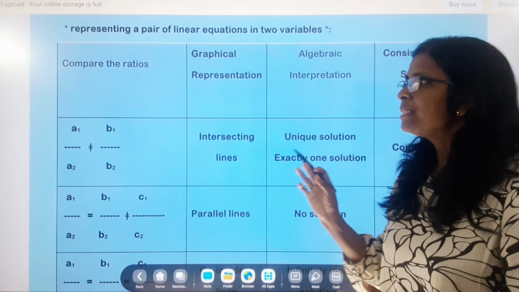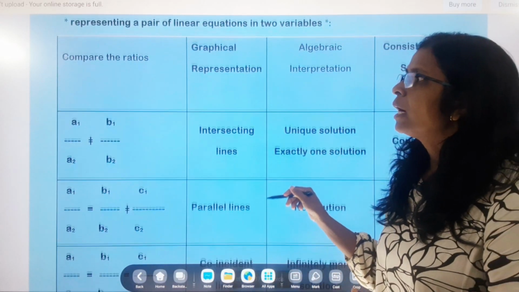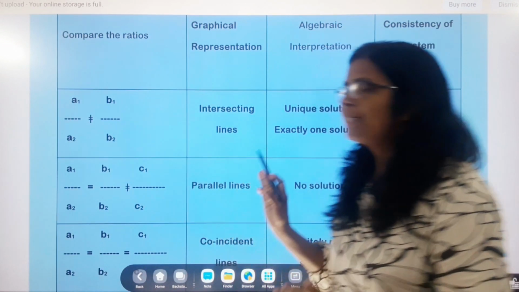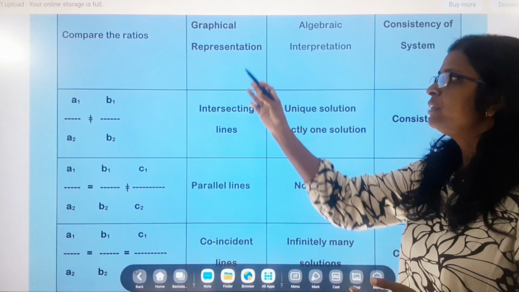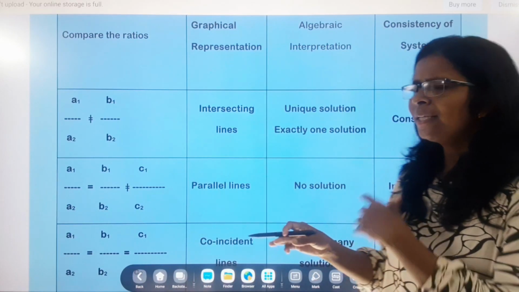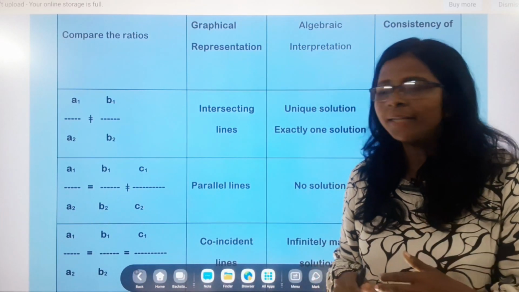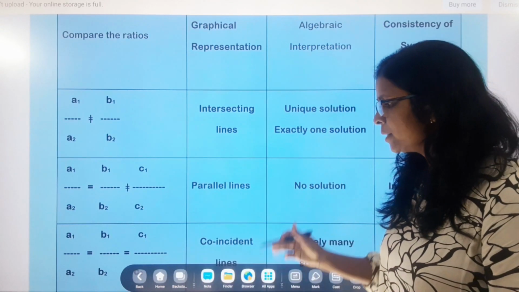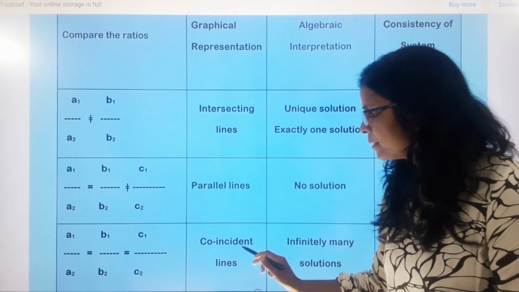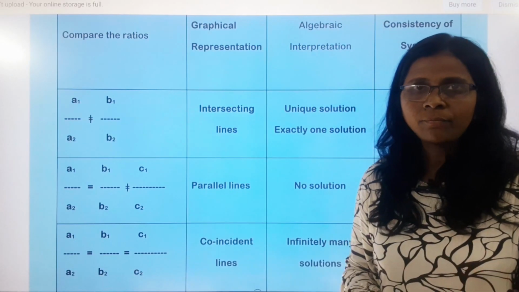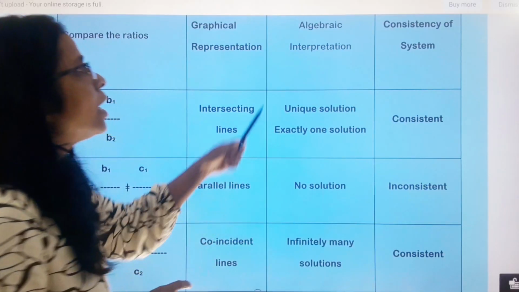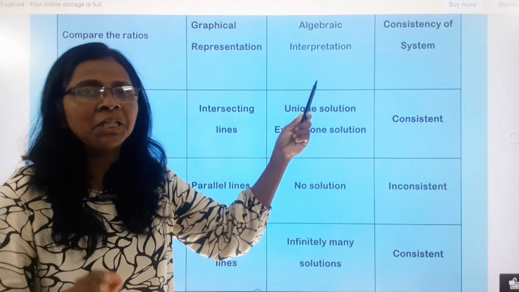So first, we have to see the first column, compare the ratios. The second column is for graphical representation; in this column we say that the lines are intersecting lines, parallel lines, or coincident lines. And the third column is for the algebraic interpretation.